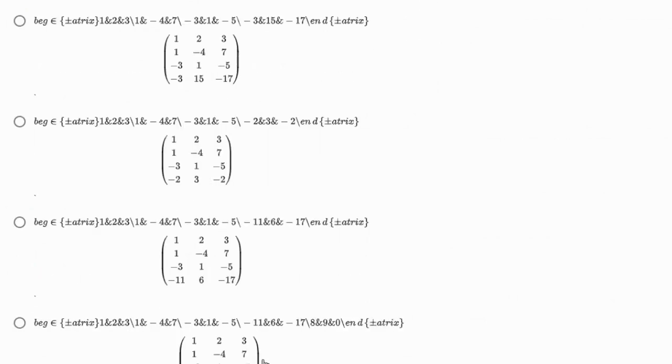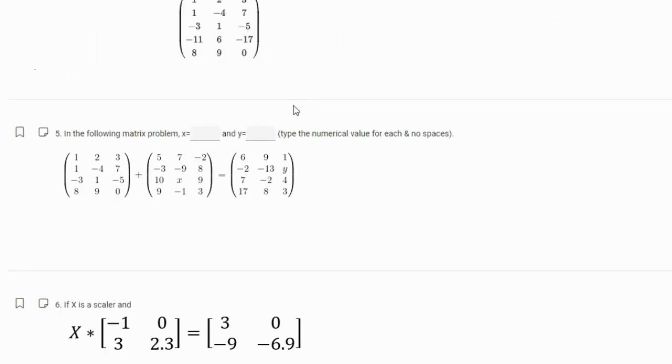So that would be which one of these four? In the following matrix, X equals and Y equals. Type in the number. No spaces, just the number. So you got to find the X. There's the X. Do the math. 1 plus X equals -2. Here's the Y. 7 plus 8 equals Y.